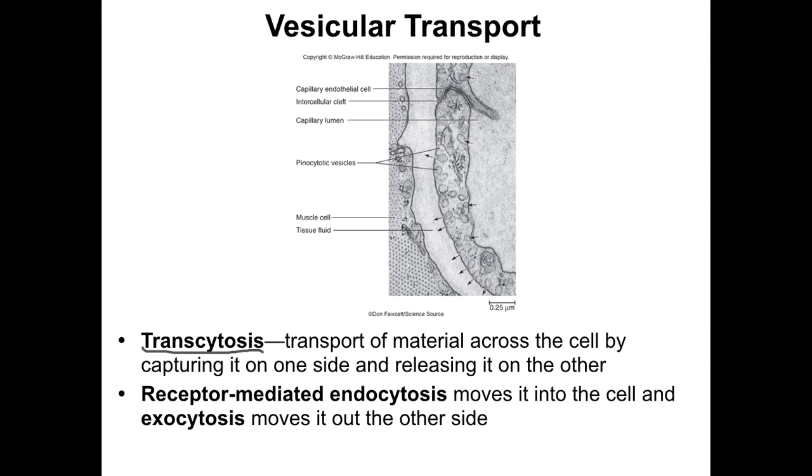You need to know what vesicular transport is, and the 3 types of endocytosis: phagocytosis, pinocytosis, and receptor-mediated endocytosis. You also need to know exocytosis and transcytosis and what each of those things are.